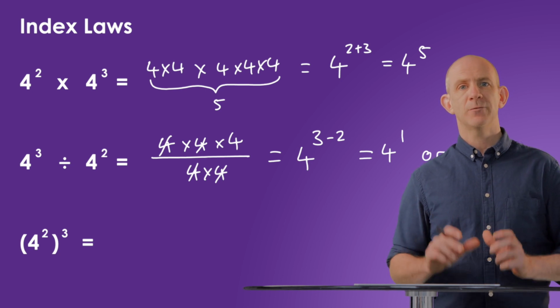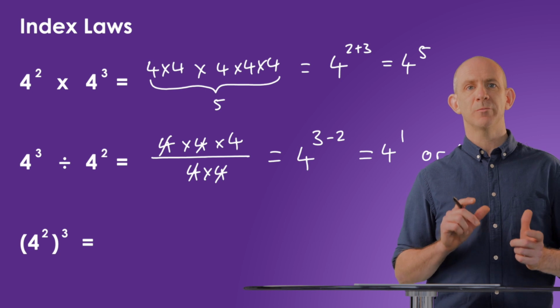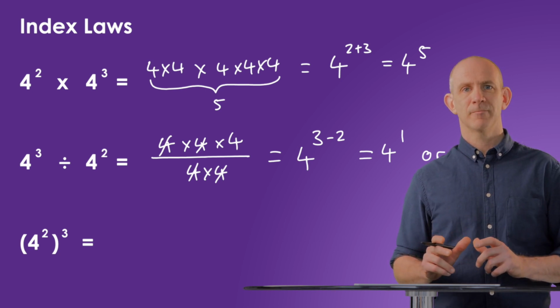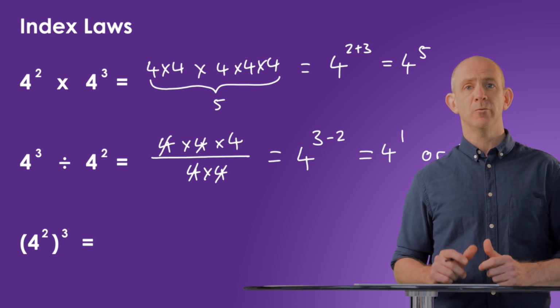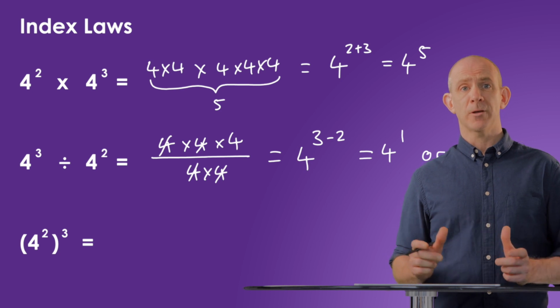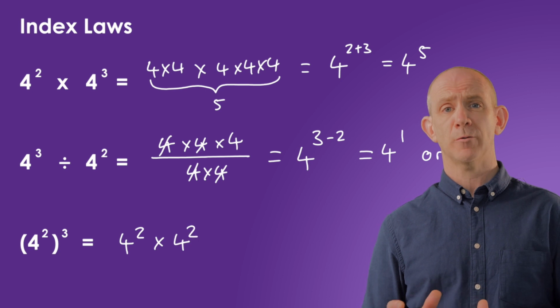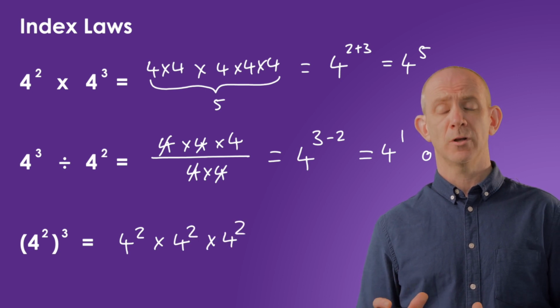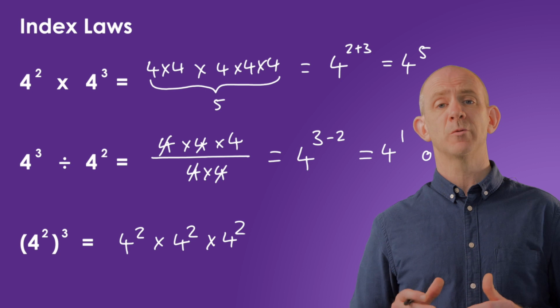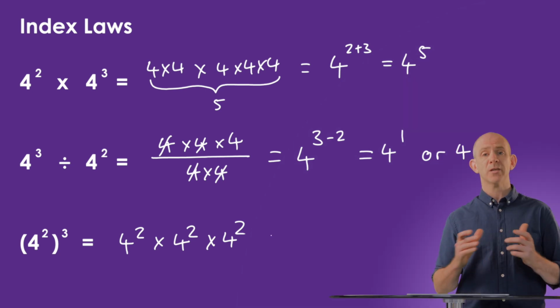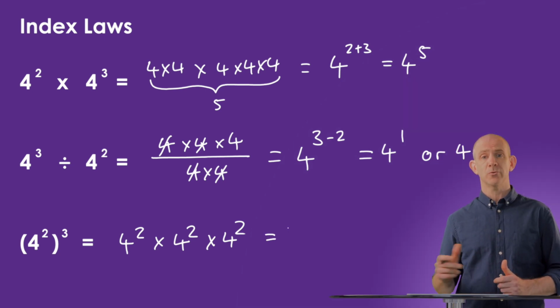In the final example on this page, we've got to deal with powers of powers. And we have a problem of 4 to the power of 2 in brackets to the power of 3. So we can write this out to be 4 to the power of 2 times 4 to the power of 2 times 4 to the power of 2. And we know how to deal with this one because we've looked at multiplication before. We can just add the powers, 2 plus 2 plus 2.